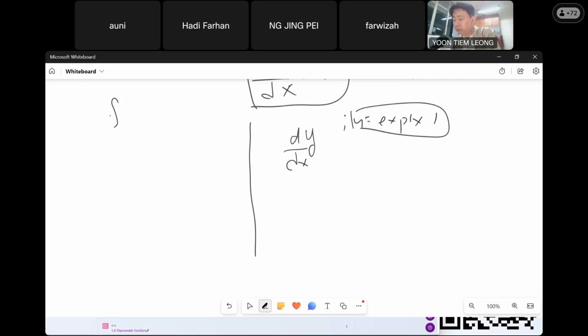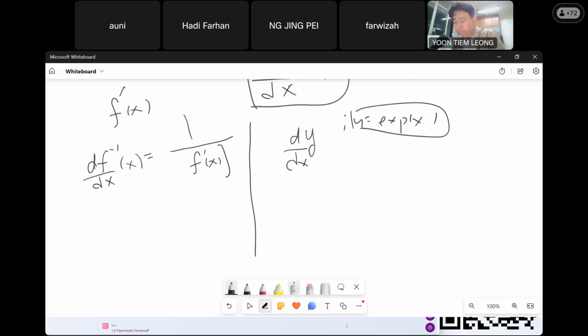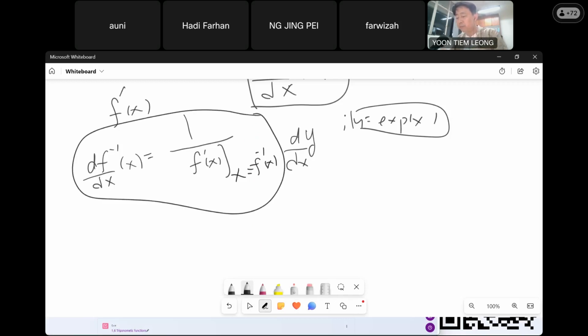Namely, if you have a function and you know its derivative, then the derivative of the inverse of the function can be expressed in the form of the derivative of the function, evaluated at a point where x is equal to the inverse of x. Okay, so this is the relationship that we have discussed a few times already.